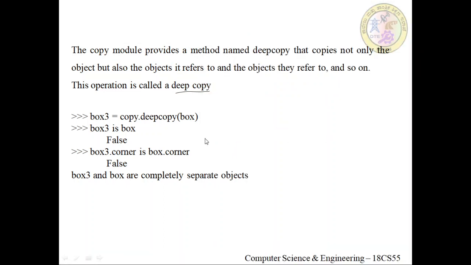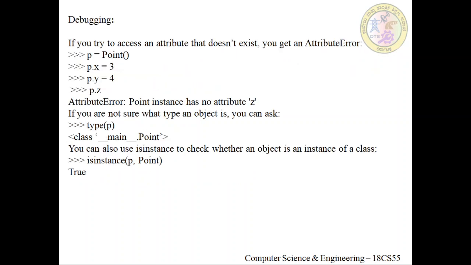If you check this, box3 is box gives you false, and box3.corner is box.corner also returns false. So in this case box3 and box are completely separate objects. This is how we use a deep copy in order to avoid the problem of the shallow copy. So this is on copying.